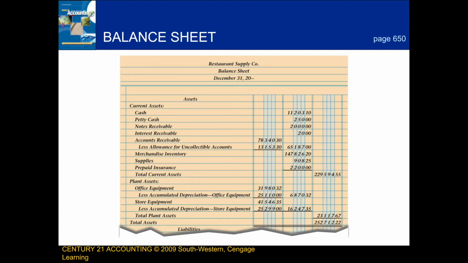And as we've learned in the past, the purpose of a balance sheet is to prove that our accounting equation is in balance and that assets equals liabilities plus owners or stockholders' equity. And on a balance sheet, as I just said, we have assets, liabilities, and owners or stockholders' equity. So I will give you a moment to take a look at this section of the balance sheet.